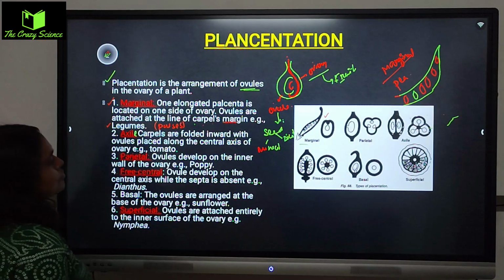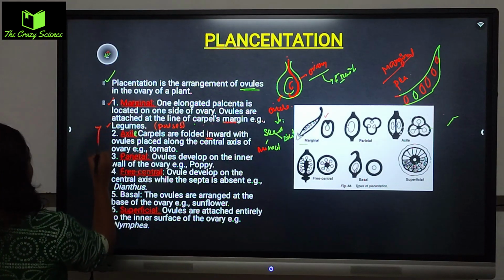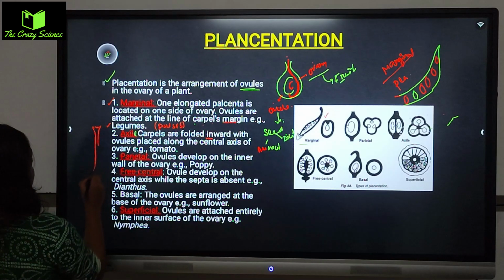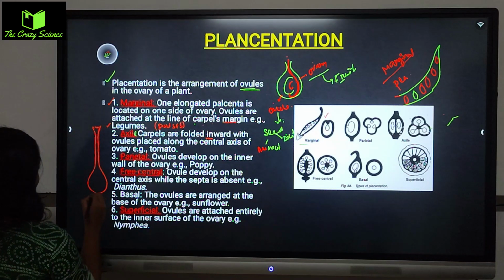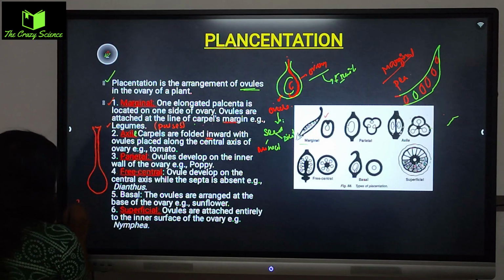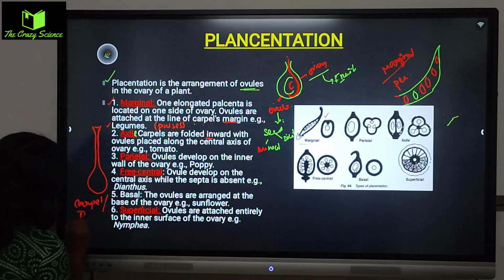axile. Carpels are folded inward. Carpels are what we call the three portions together, that is stigma, style and ovary of the flower. This is the female body part, and the female body part is called the carpel or the pistil.